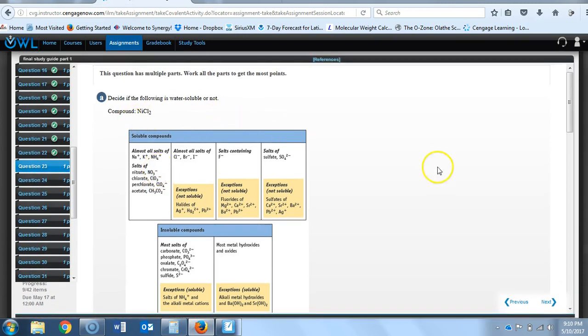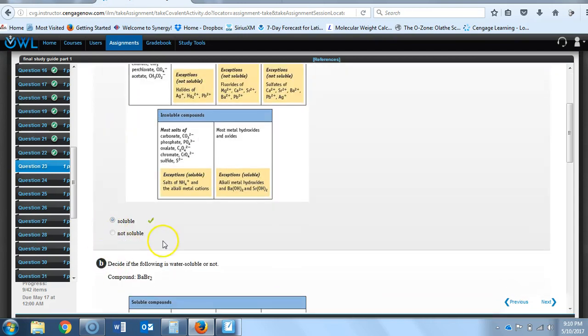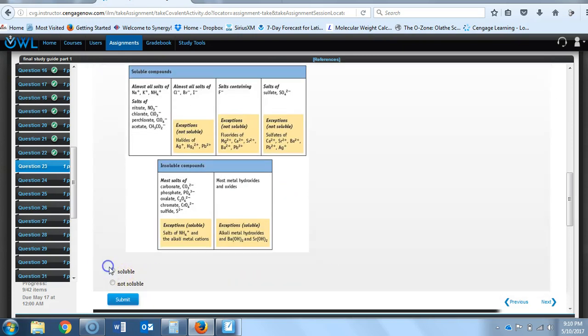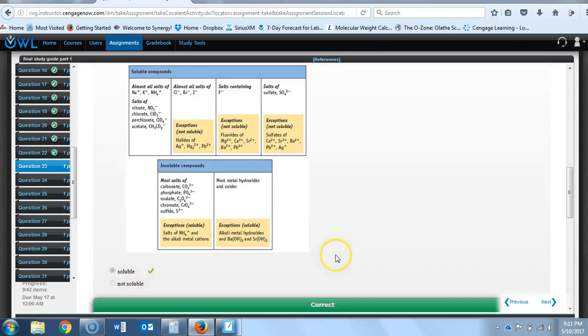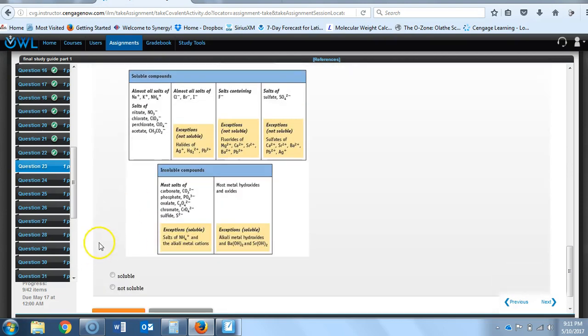Decide if the following is water soluble or not. Nickel chloride, all the chlorides are soluble. Barium bromide, again, the halides are going to be soluble. Sulfates are usually soluble except for the big 3 in alkali earth.